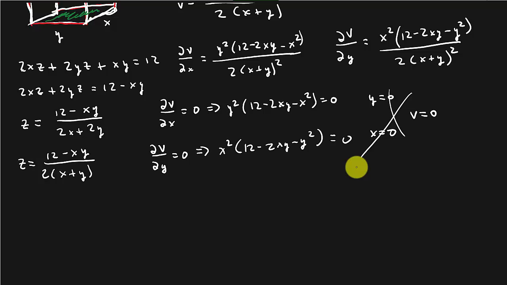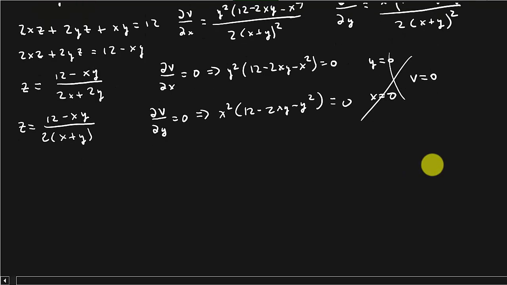So what do we need to do? We need to solve 12 minus 2xy minus x squared equals 0, and we need to solve 12 minus 2xy minus y squared equals 0. And can you see, if you set these two equal to each other, what happens?